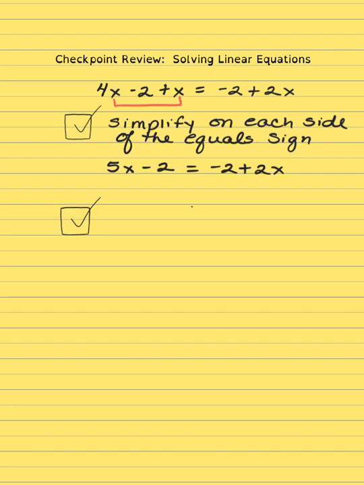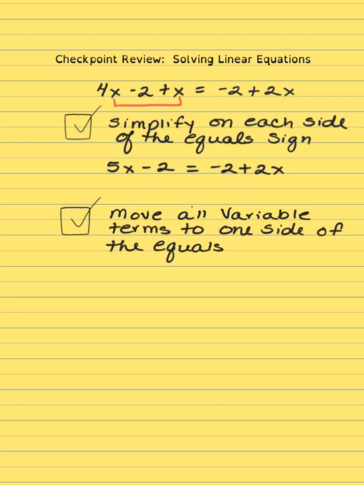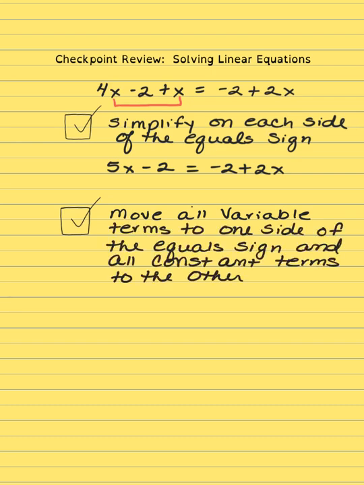The next step in solving a linear equation is to move all of your x terms to one side of the equal sign and all of your constant terms or non-variable terms to the other side of the equal sign. In my simplified equation, I need to move my 5x and 2x together on one side and my -2 from the left and -2 from the right to the same side of the equation.